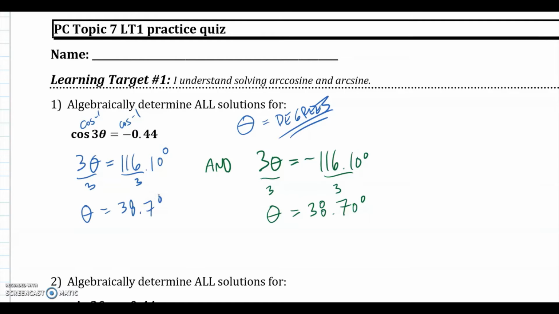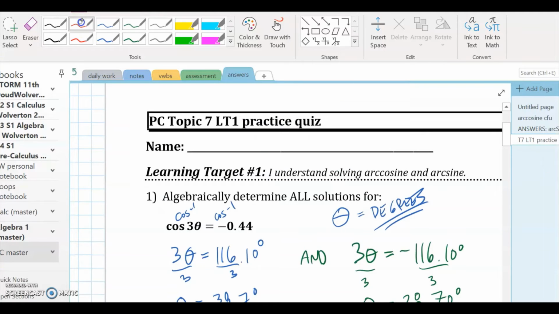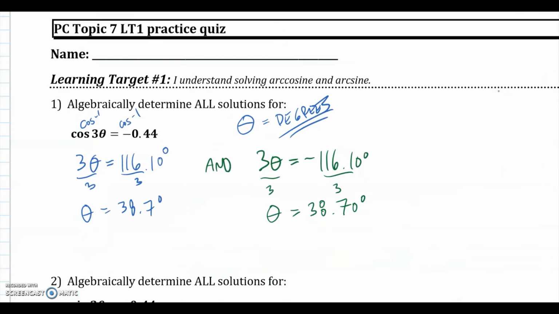And final stage, make sure to find all solutions because we have this infinite scenario of a wave. And so that comes from period equals 360 degrees divided by b. In this case, b is 3.